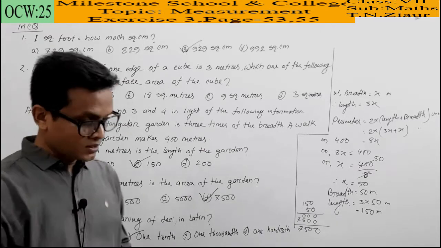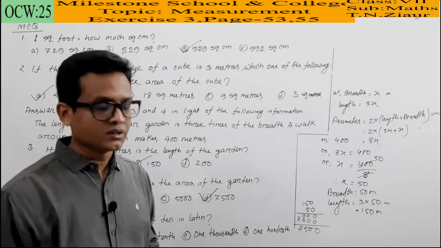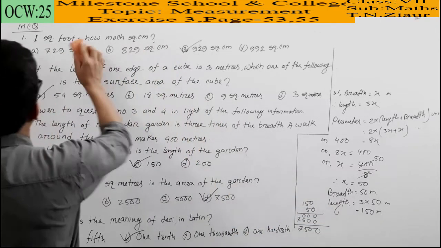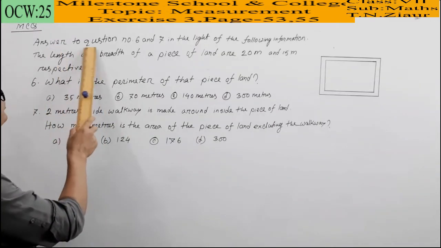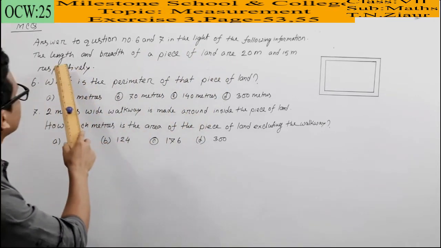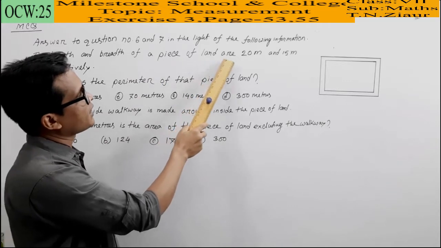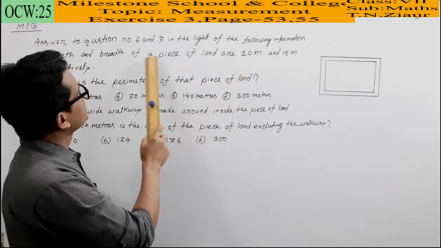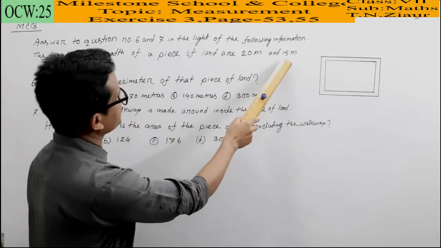Okay, dear students, now we have to solve the next questions, number 6 and 7. Now we have to erase this one. Answer questions 6 and 7 in the light of the following information. The length and breadth of a piece of land are 20 meter and 15 meter respectively. I have drawn this rectangular plot here. Length is 20 meter and breadth is 15 meter.